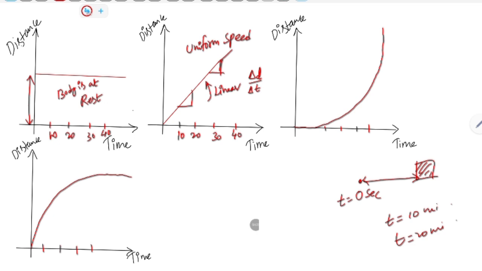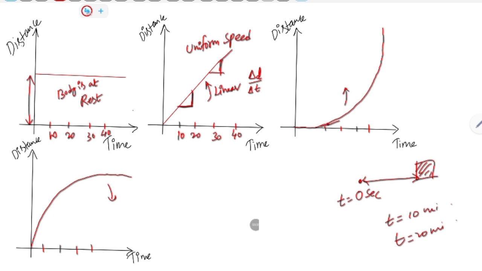Similarly, if you see the third and fourth graphs, these are just parabolas, and this parabola is opened upwards and this parabola is opened downwards. Now, as I said earlier, the slope of a distance time graph gives us speed. Now if you observe the third graph, how can you find the slope of a curve?